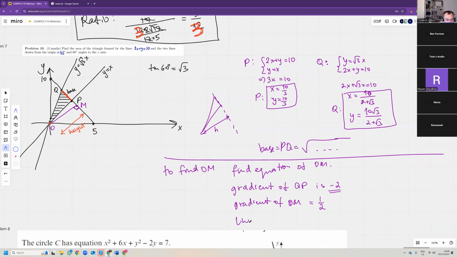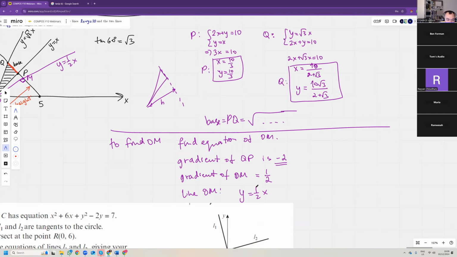So line OM has equation y equals 1/2 x. So this line is y equals 1/2 x. And therefore, you can find point M.